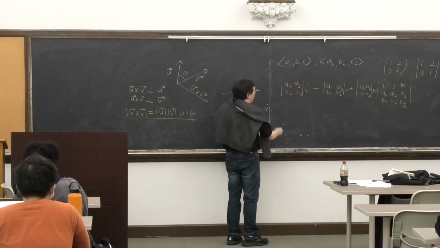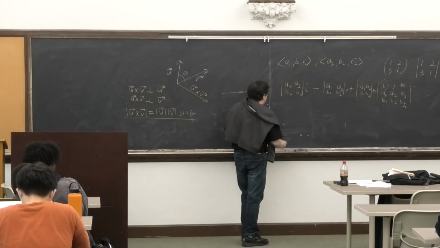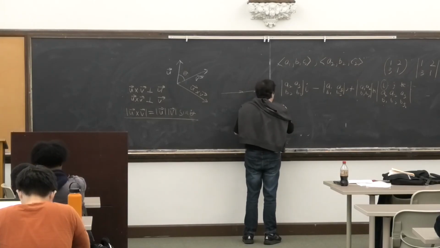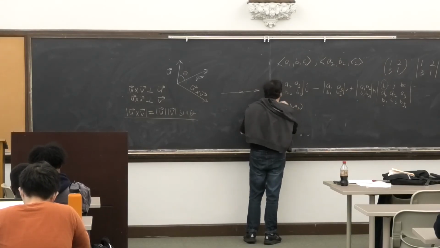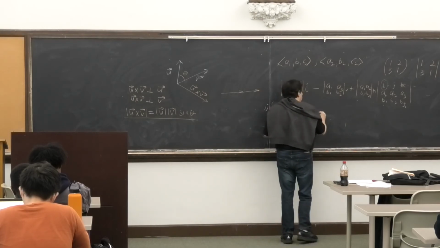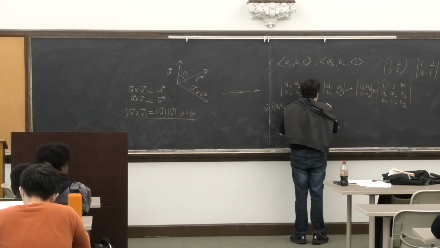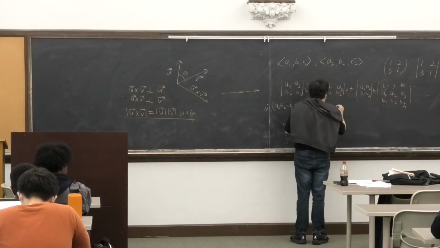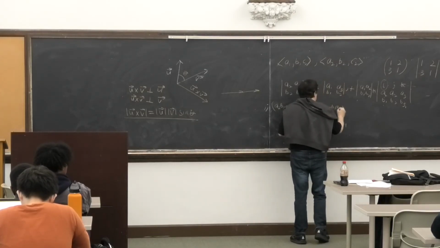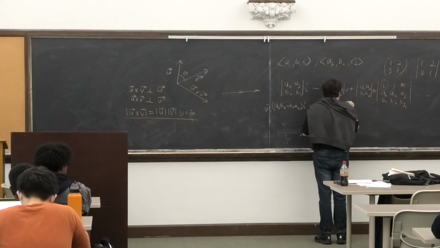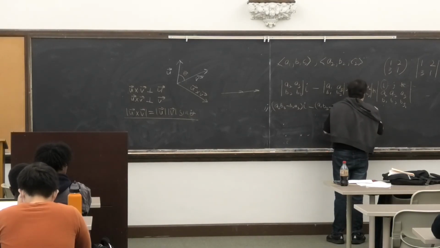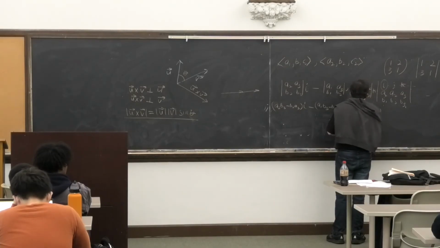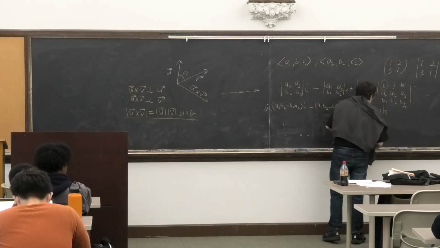Now we just have to expand these determinants. So we get (A2 B3 minus B2 A3) times i, minus (A1 B3 minus B1 A3) times j, plus (A1 B2 minus B1 A2) times k.